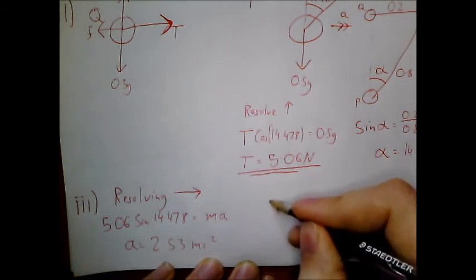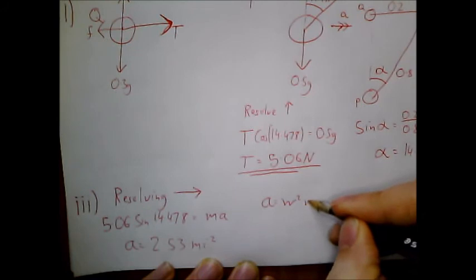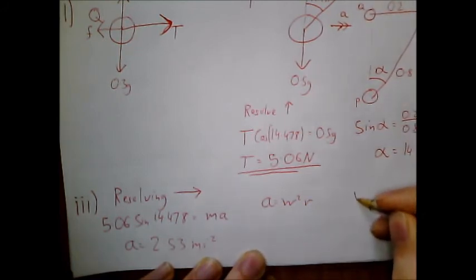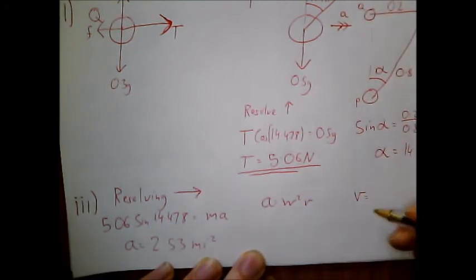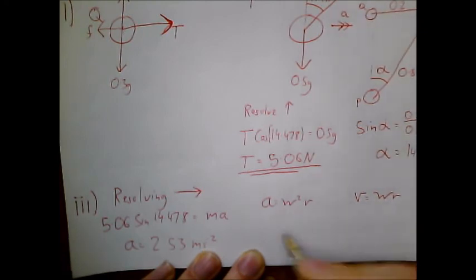Earlier we knew that a equals omega squared r, and we know that the tangential velocity varies linearly as you go away from the radius. There's a linear relationship there. So v equals omega r. That means omega equals v over r. So we can substitute this into here.